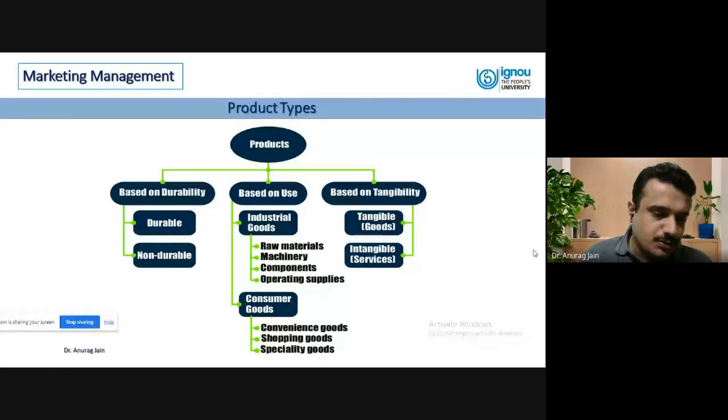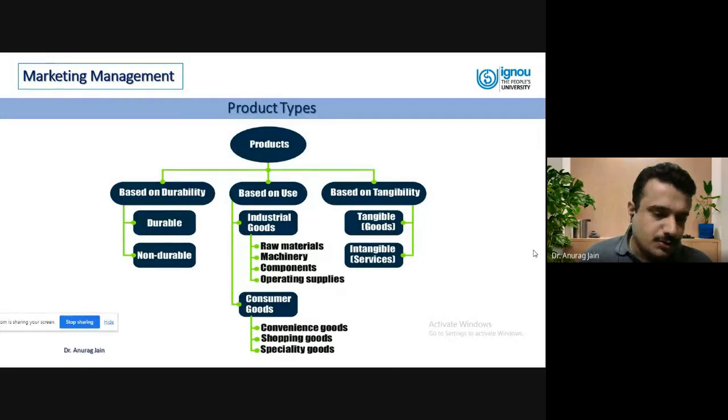Similar is the case with the ornament. Similar is the case with all those products which are high priced, and these are termed as specialty goods. Another category of products can be based on tangibility, and as you are all very much aware, tangible products are the goods. Tangible products are the goods which can be stored for a longer period of time.